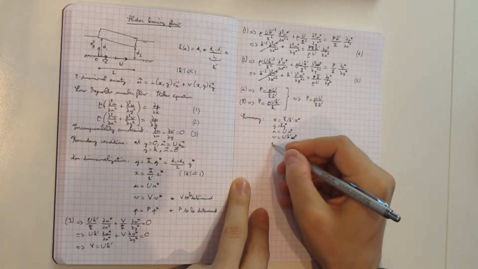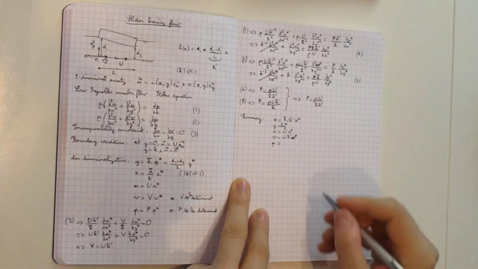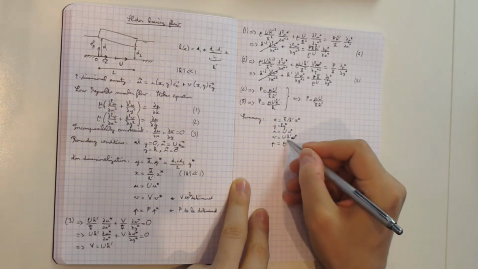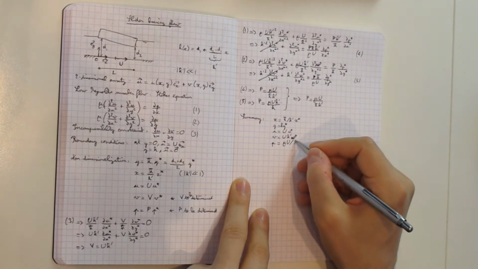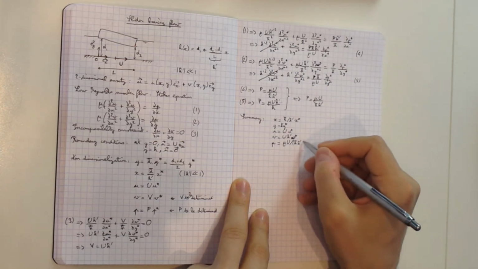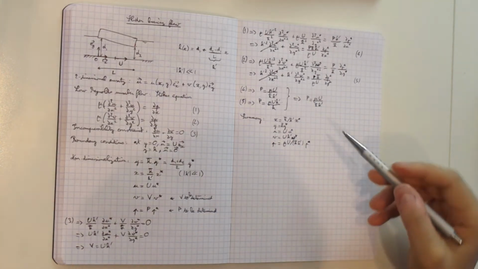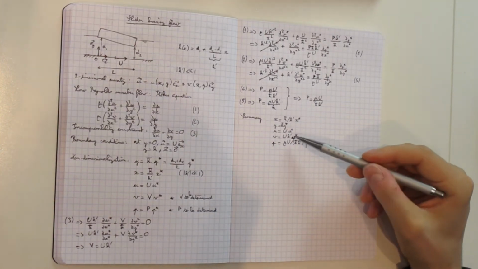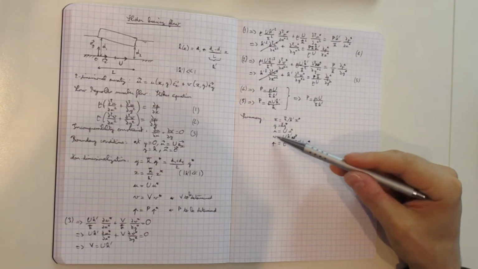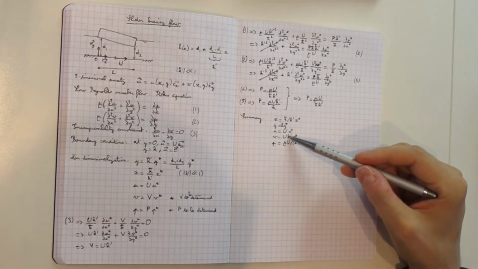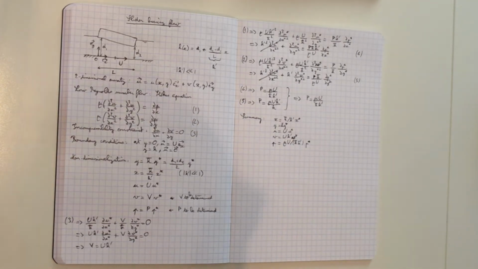And we've just introduced the scaling quantities for p, which are mu U over h bar h' times p star. Okay, and what that tells us is that the pressure is large and the velocity in the y direction is small compared to the velocity in the x direction.